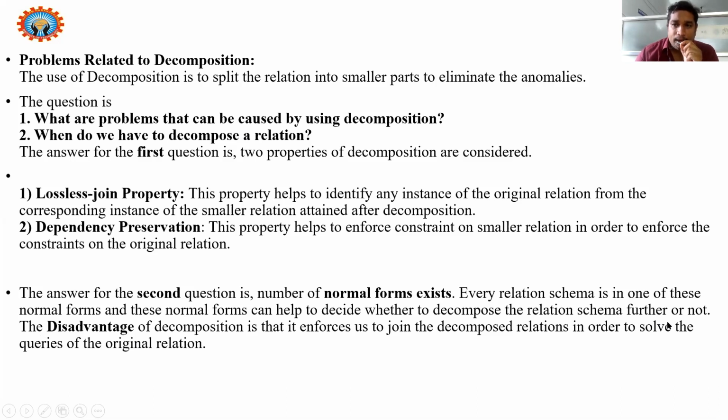If you take a relation, there may be some anomalies. If there are anomalies, you apply the normal forms. Based upon the normal form you are applying, you divide the particular data into sub-data.